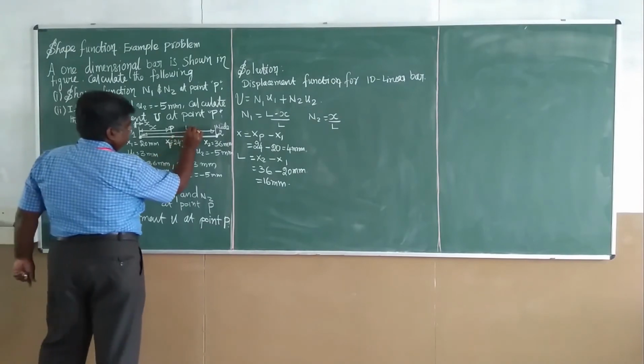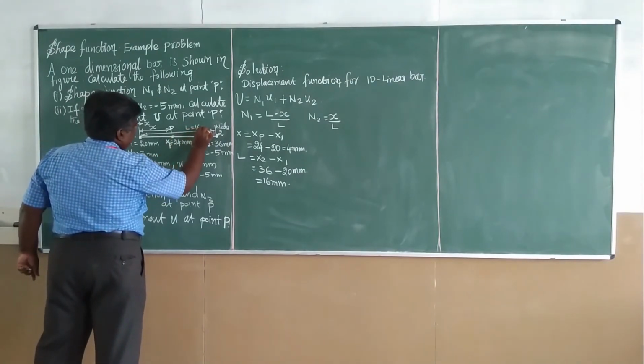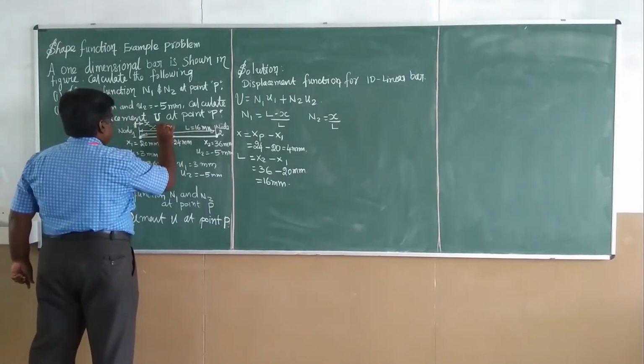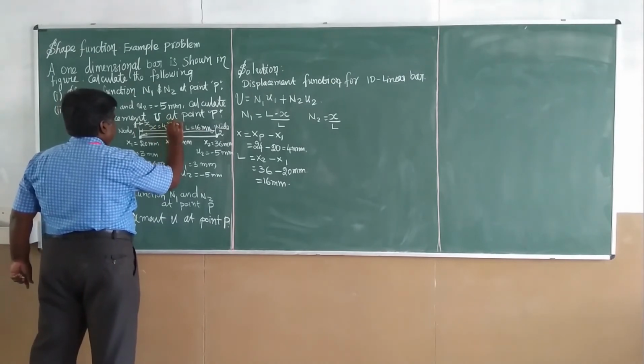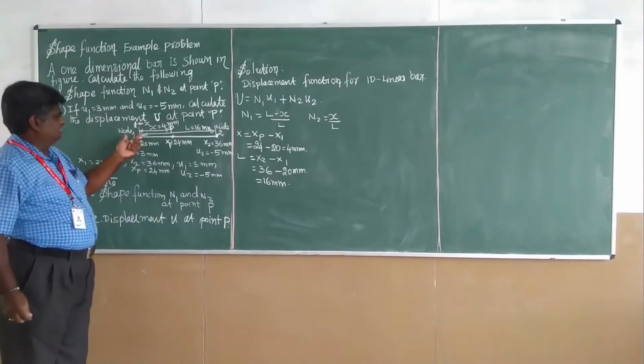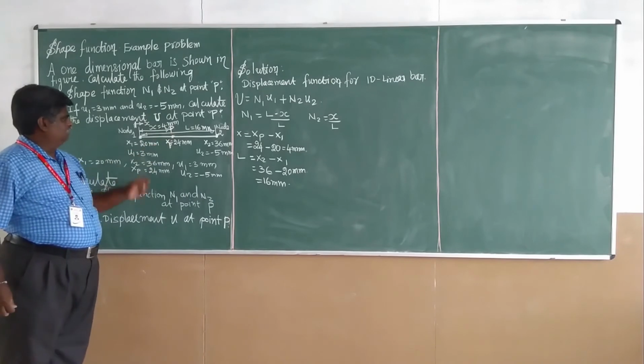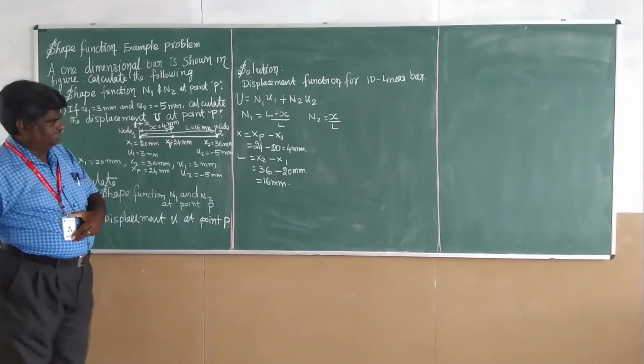So L is 16 mm and x equal to 4 mm, meaning the point is 4 mm from the left origin.